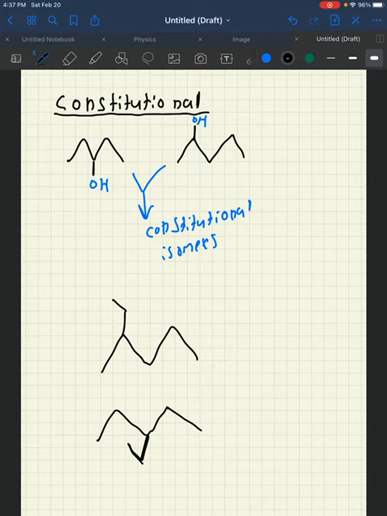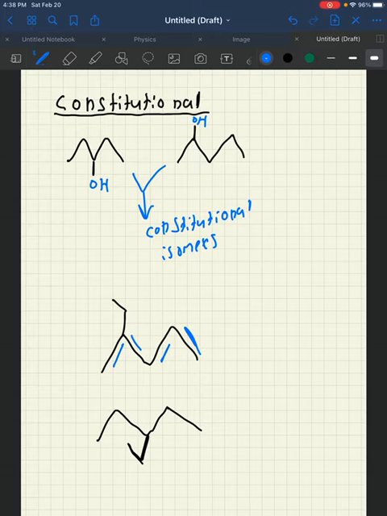These are also constitutional isomers, because if we use our skill known as nomenclature, we can tell. So let's name both of these compounds, and then I'll show you why this is constitutional isomerism.